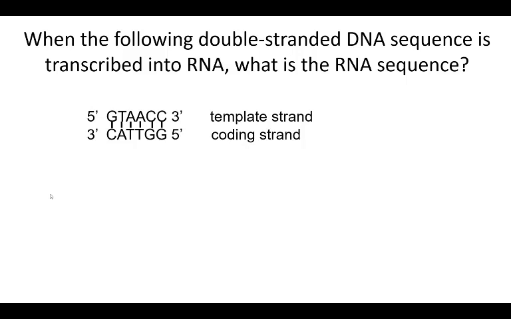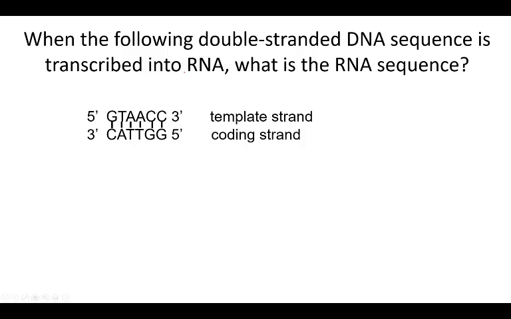So here you have to remember a few things. First, the template strand is the strand that is used to make the RNA, and the template strand is read starting at the 3' end and going toward the 5' end, so that the RNA is produced starting at the 5' end and going toward the 3' end.